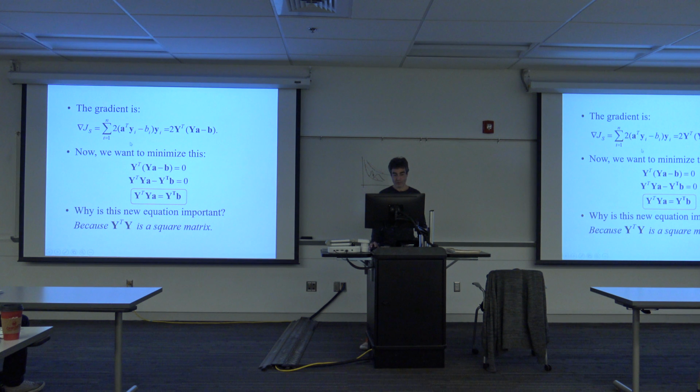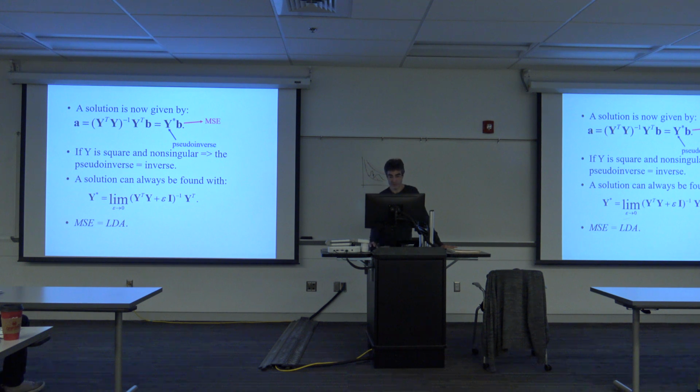I'm going to go very quickly through this, because you just take the derivative with respect to the parameters, and you find that the solution is the pseudo-inverse. No surprise, you move this to the other side, and you have the pseudo-inverse: Y transpose Y inverse times Y transpose. And that times B is the solution for A. And this is the minimum square error solution.